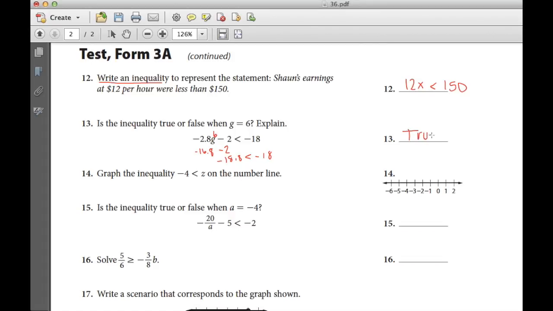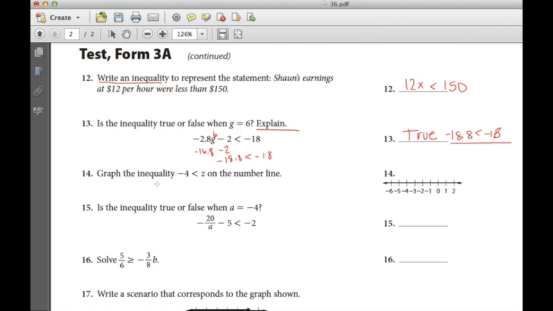So it would be true. Negative 18.8 is less than negative 18. Make sure on the test when they say to explain that you put something saying that it's true or false because of this or that.